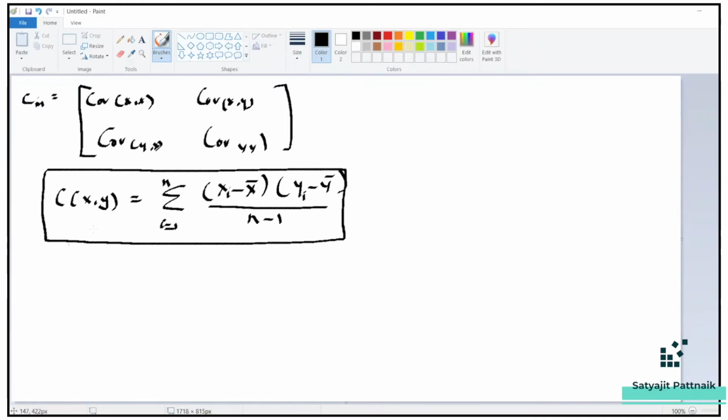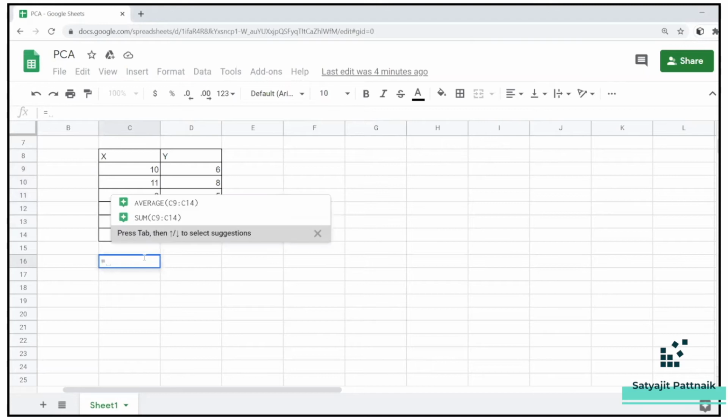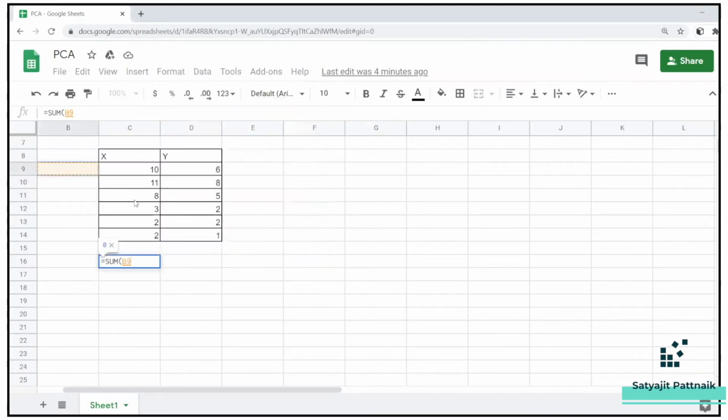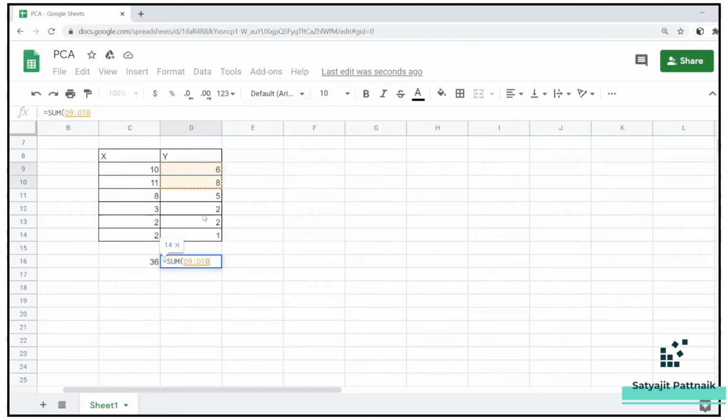So we are more concerned about x minus x dash and y minus y dash. So what is x dash and y dash? X dash and y dash are the mean values. So let's try to calculate the mean value of this one. The sum of this is, okay, and the sum of this is, okay.